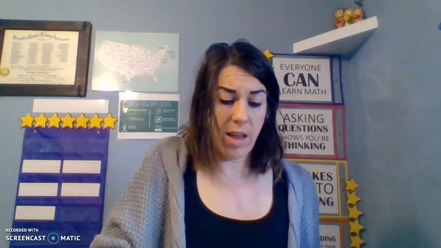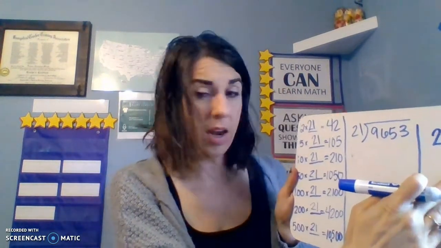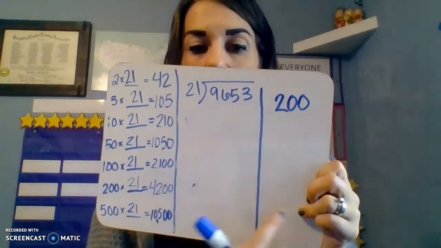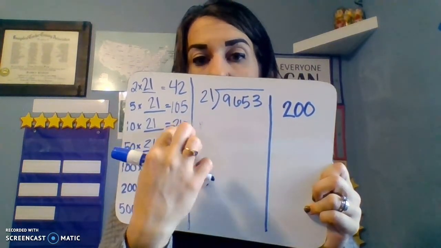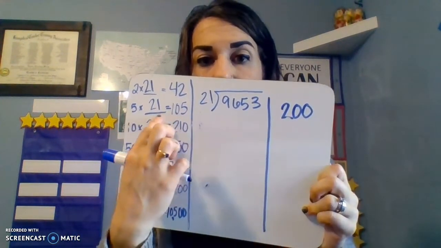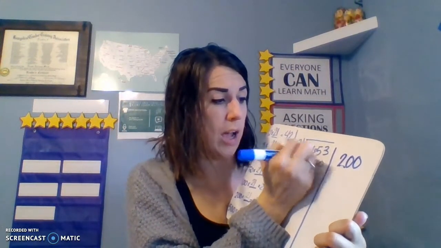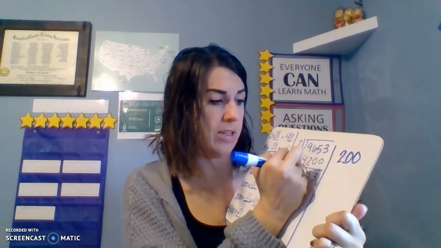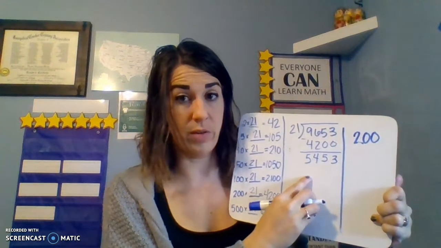So drawing that vertical line, I am writing the 200 beside that vertical line right there, and I'm taking away my product, 4,200, from my dividend, because 200 times 21 is 4,200. So I'm going to subtract that amount from my dividend, and I'm going to get 5,453.